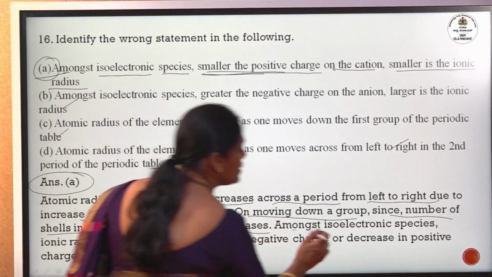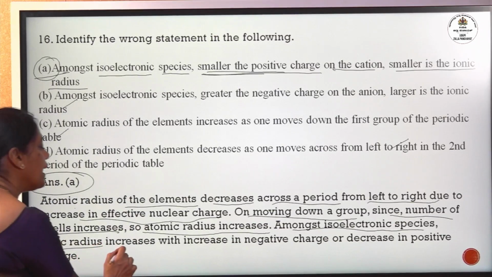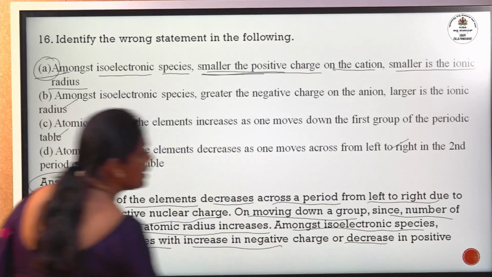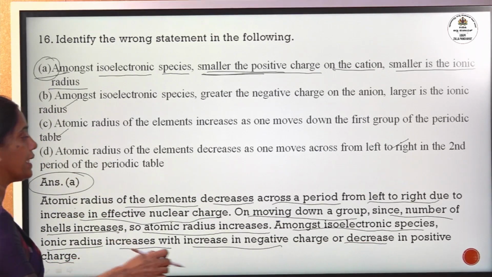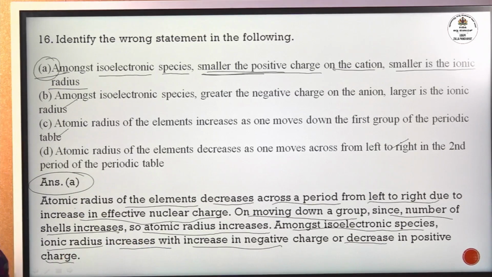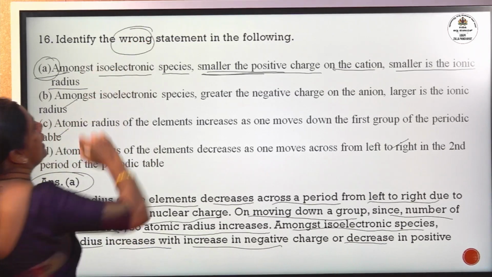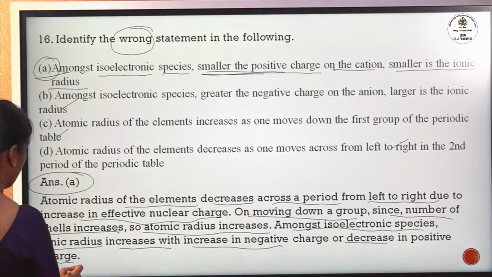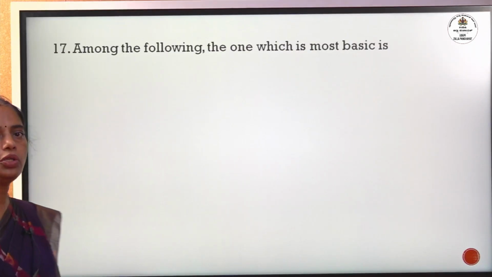Amongst isoelectronic species, ionic radius increases with increase in negative charge or decrease in positive charge. So, option A is wrong. While reading the question, you should read it carefully. Wrong statement is asked. A option is wrong. We will move on to the next question.